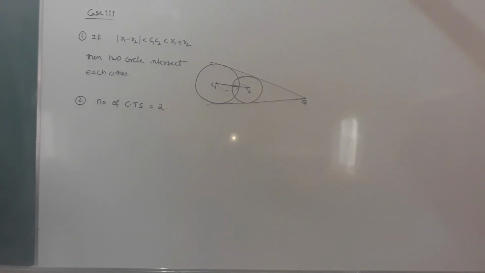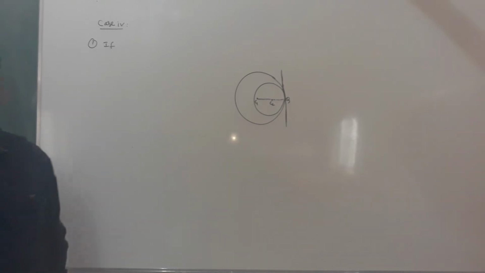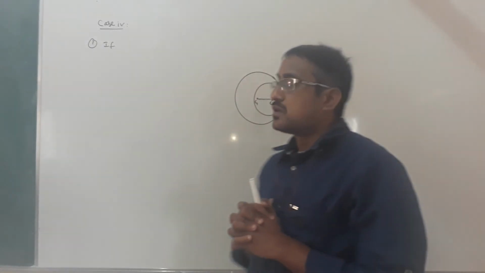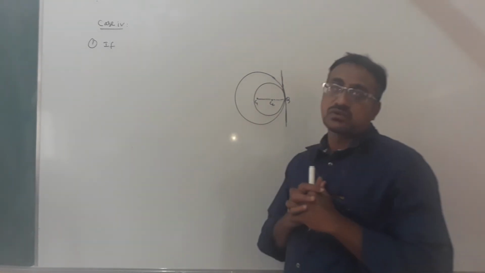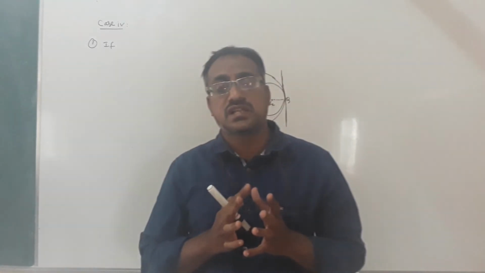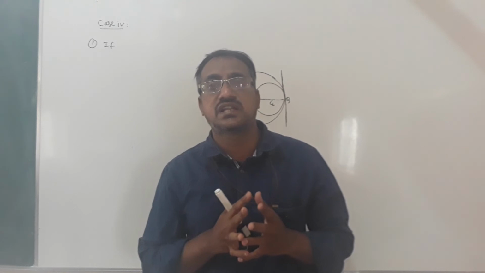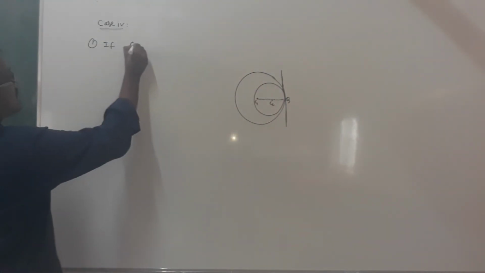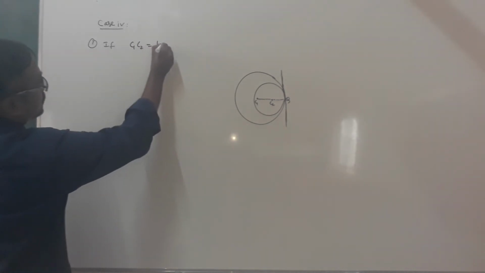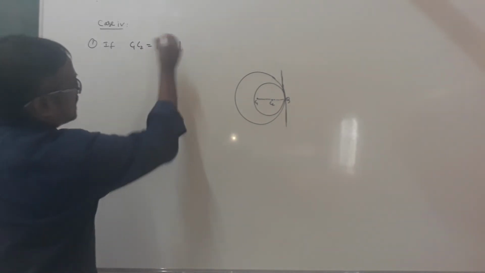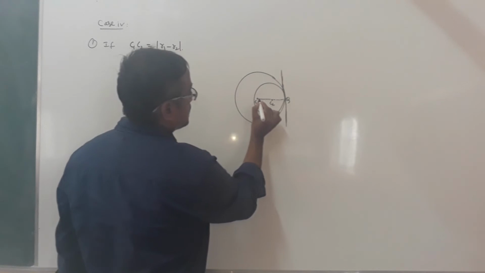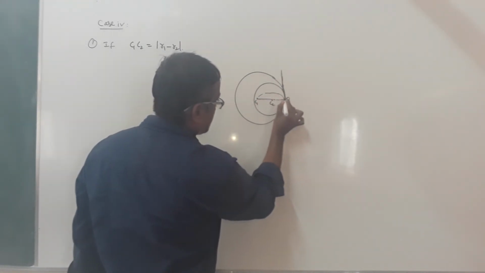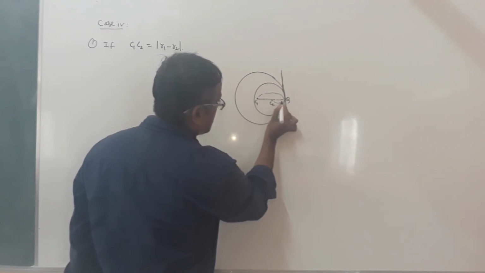Next, case 4. In this case the two circles are touching each other, but they are touching each other internally. If C1 C2 is equal to mod R1 minus R2, you can easily observe that this is R1 and this is R2.